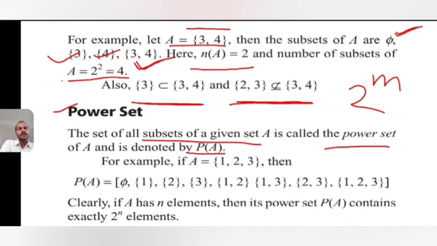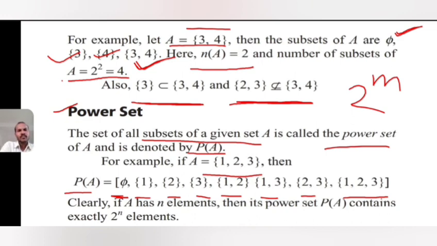For example, if A equals {1, 2, 3}, then P(A) is nothing but all the subsets of the given set A. See here, the power set P(A) equals: first, initially we write the empty set, as the empty set is a subset of every set. Now {1}, {2}, {3}, {1, 2}, {1, 3}, {2, 3}, and every set is a subset of itself, that is {1, 2, 3}.